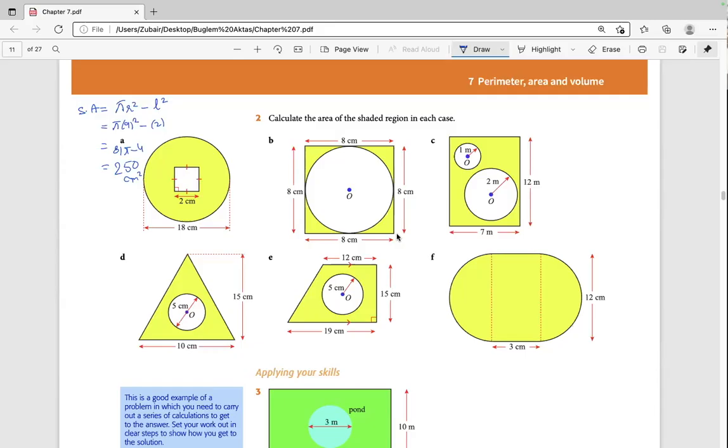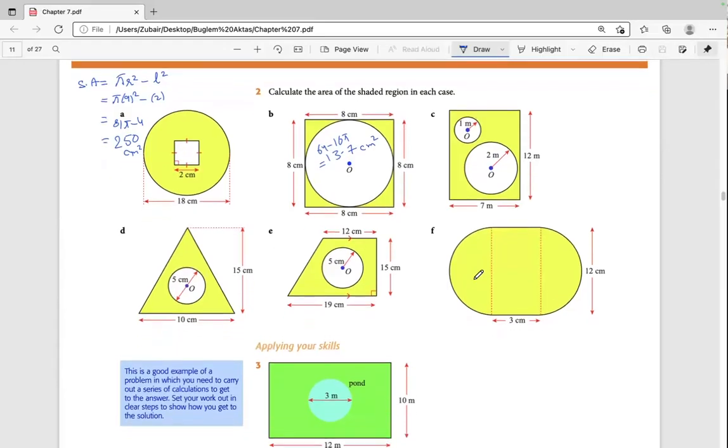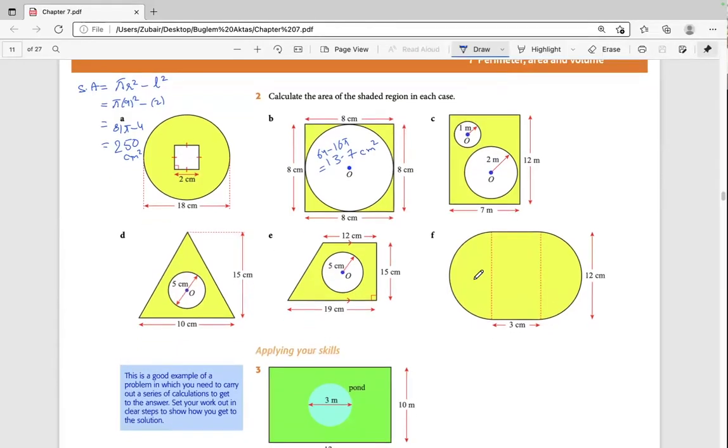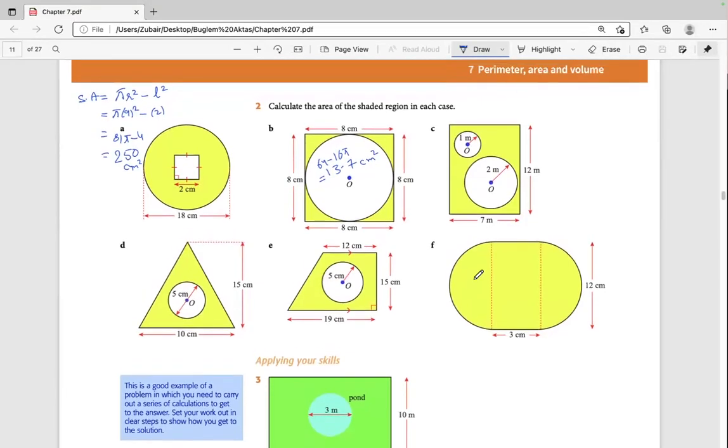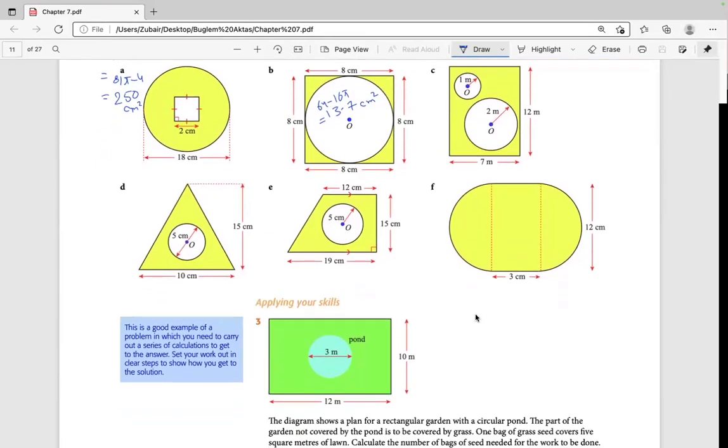So it is 64 minus 16 pi. Correct. So 64 minus 16 pi gives me 13.7 centimeter square. Pi is 3.14, right? Yes. There are three different values of pi.